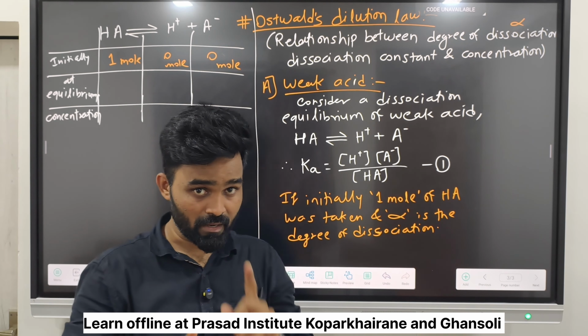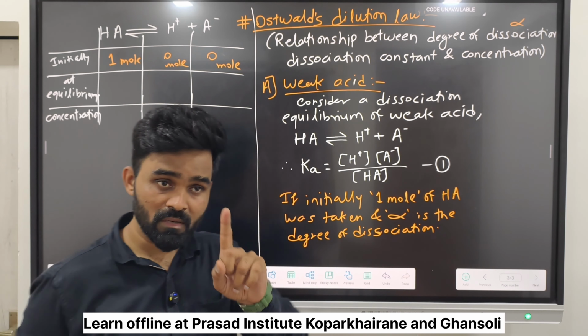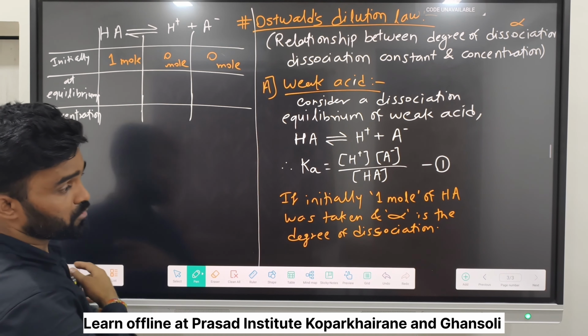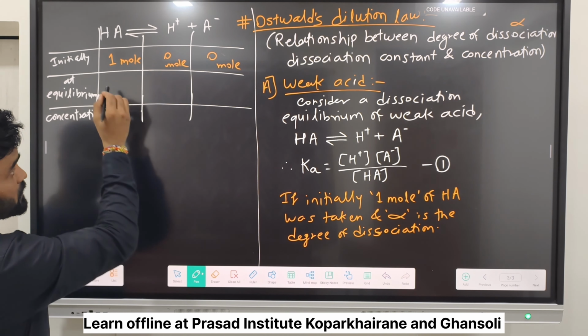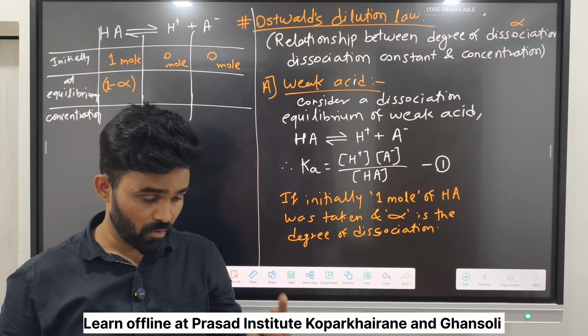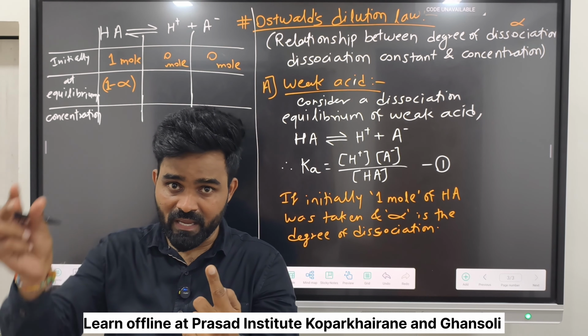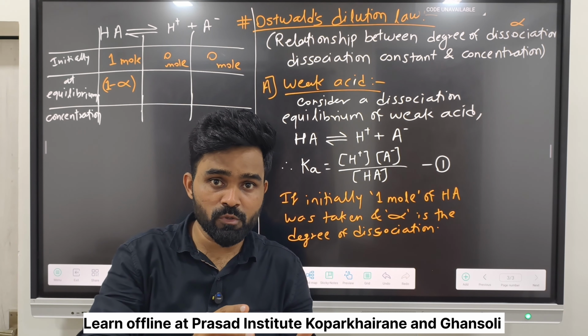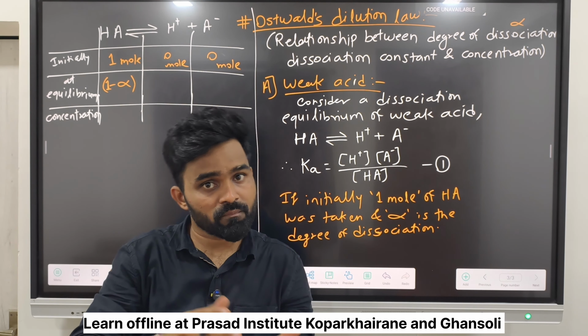Out of 100, alpha rupees are gone. So remaining is 100 minus alpha. Similarly, out of 1 mole, alpha moles are gone. So remaining will be 1 minus alpha. आणि जेवढे हे कमी होणार तेवढेच हे वाढणार. राईट आहे? If 1 pen gives you 1 cap, then 100 pen gives you 100 cap.